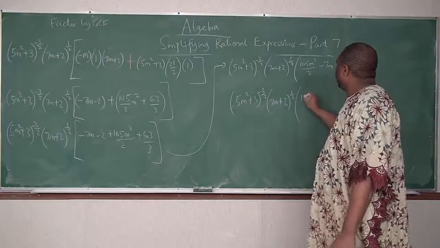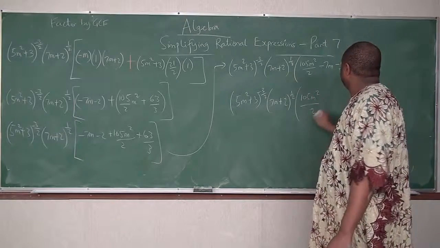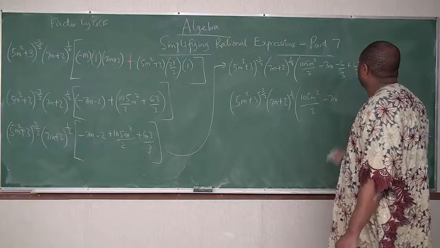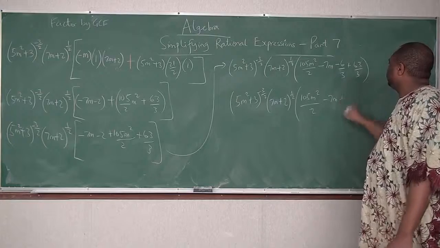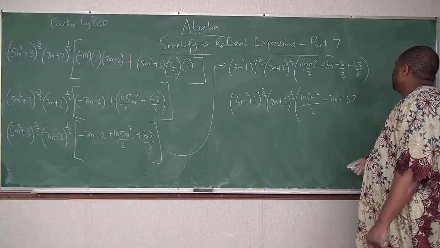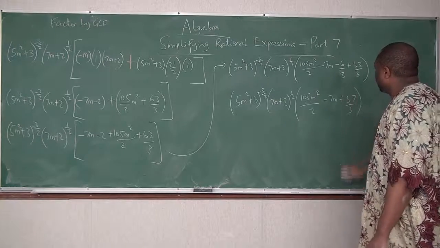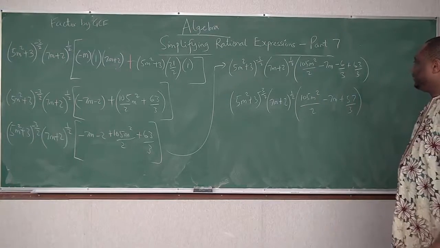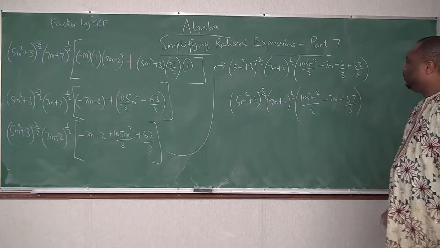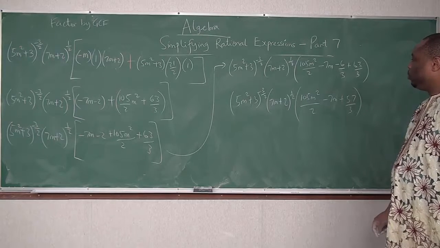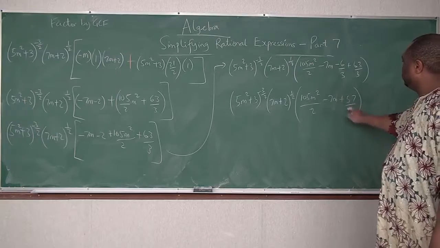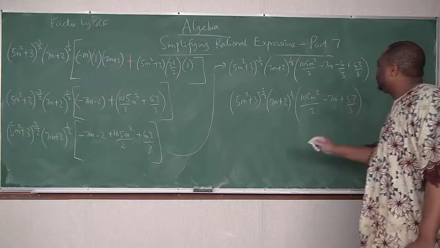Then 105m squared over 2 minus 7m. 63 minus 6 is what? 57. 57 over 3 gives us what?